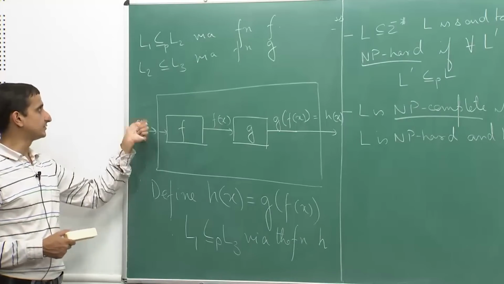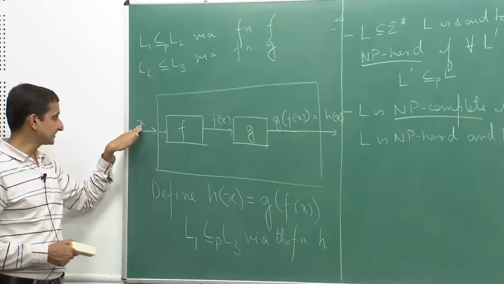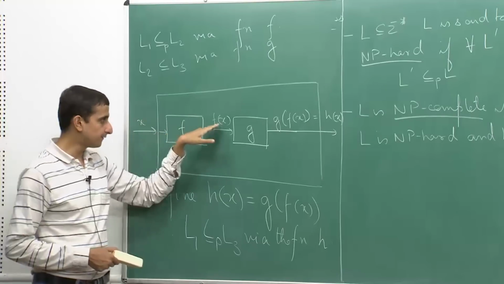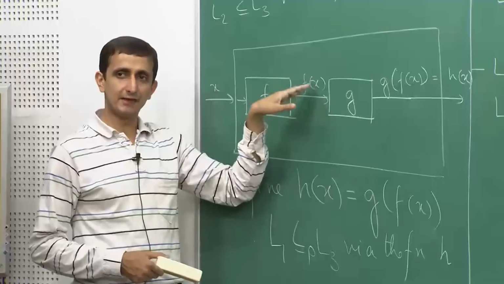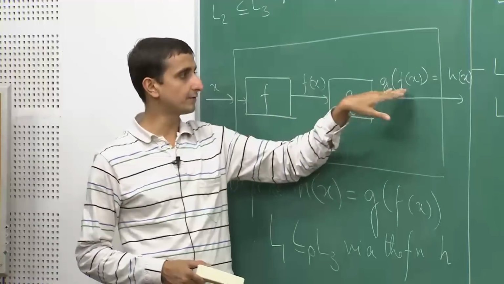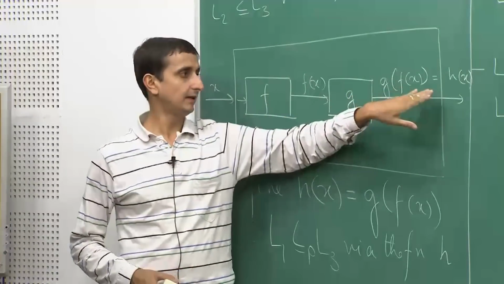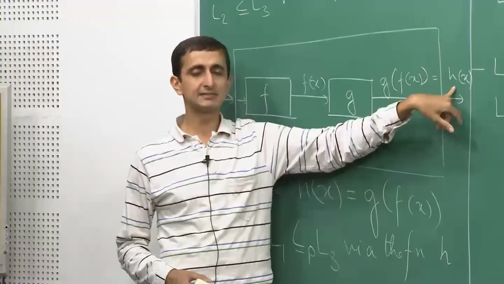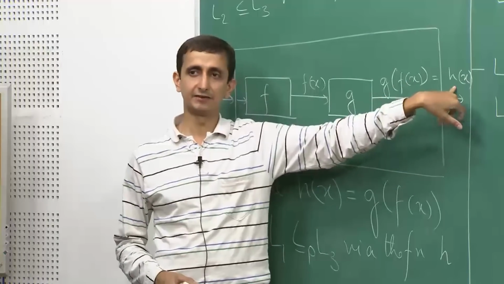Okay. Why is that? So, take an x which belongs to L1. So, if x is in L1, then f of x is in L2. If f of x is in L2, then g of f of x is in L3. Hence, that is the same as h. So, therefore, h of x is in L3. Okay.